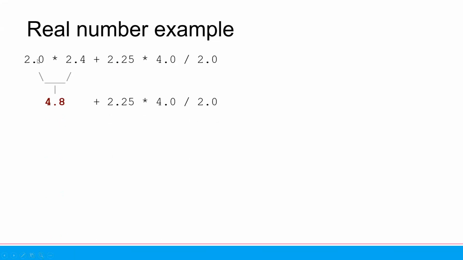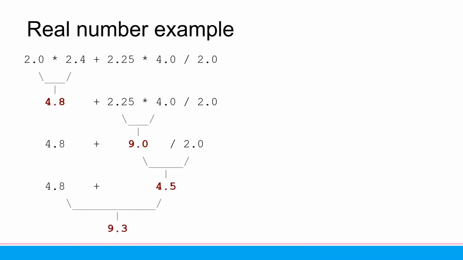So 2.0 multiplied by 2.4, the result is 4.8. And then we go to the next multiplication. 2.25 multiplied by 4.0, we have 9. And then 9.0 divided by 2.0, we get the exact answer, 4.5. And finally, we will get the result, 9.3.